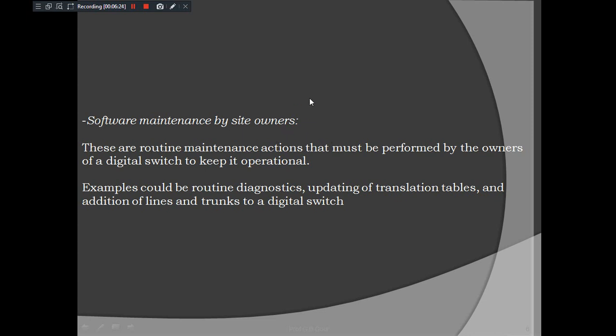Just now we have seen, one is supplier initiated, provided by the supplier to take care of bugs or upgradation, and another is provided by the owners, like routine diagnostics, updating translation tables or other data tables in the level 2 control of DSS, and addition or removal of lines and trunks to a particular digital switch.